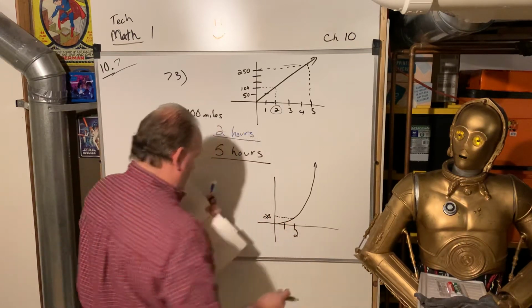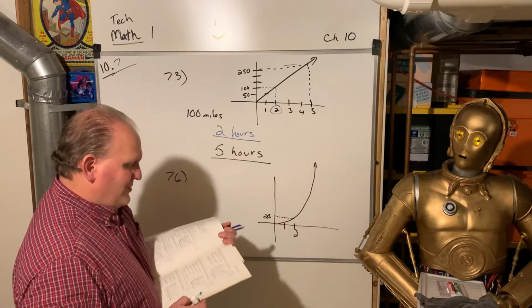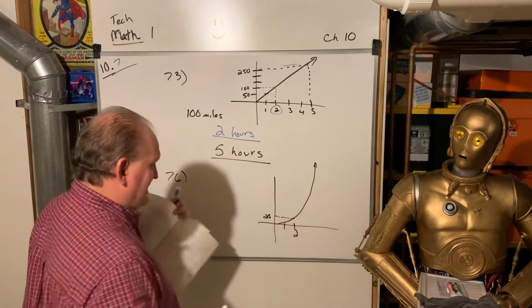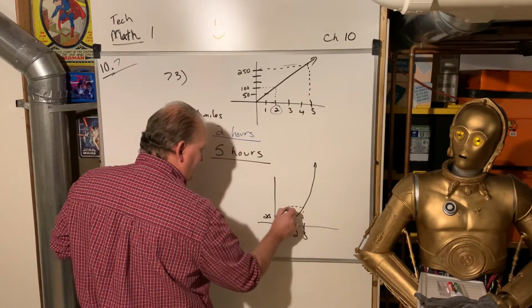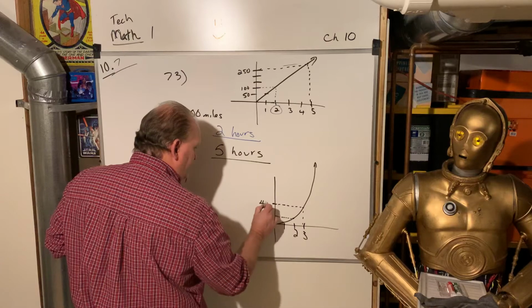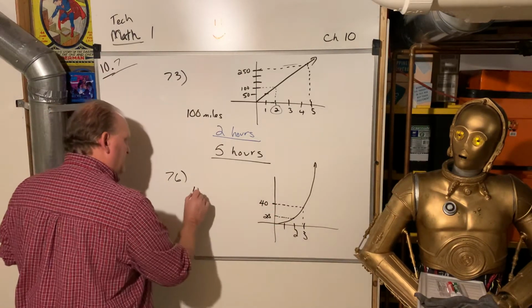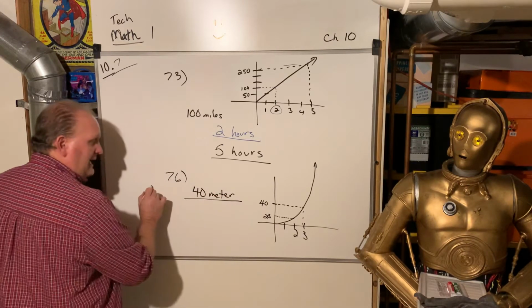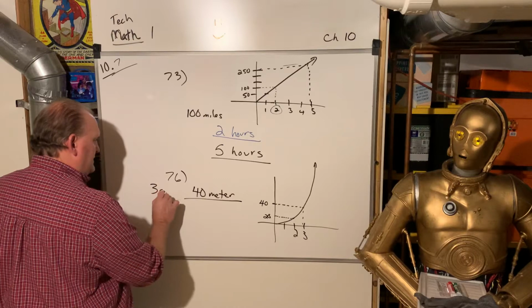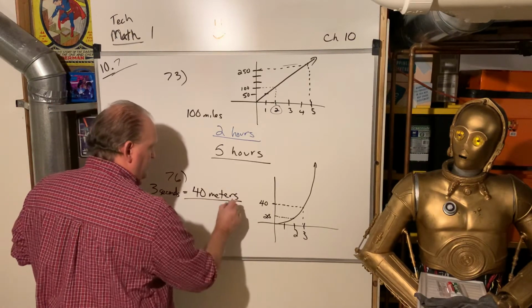Now it says, how far would an object fall in 3 seconds? And so you go to 3 seconds, you follow it up to there, and then follow it over to there, and that's 40. That's 40 meters. It's in meters per second. So they gave us 3 seconds, and in 3 seconds it would fall 40 meters.